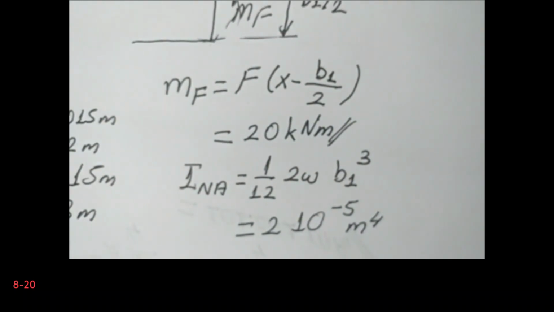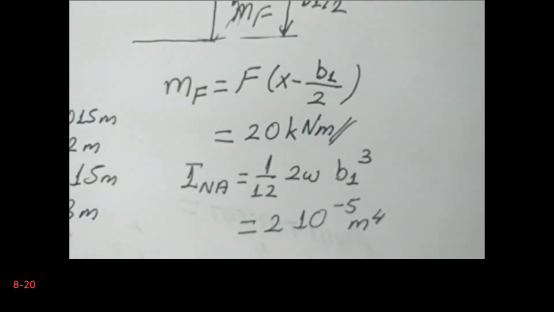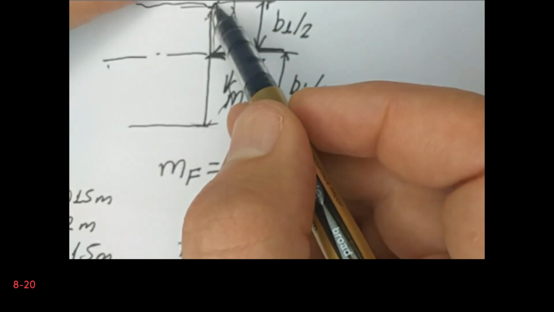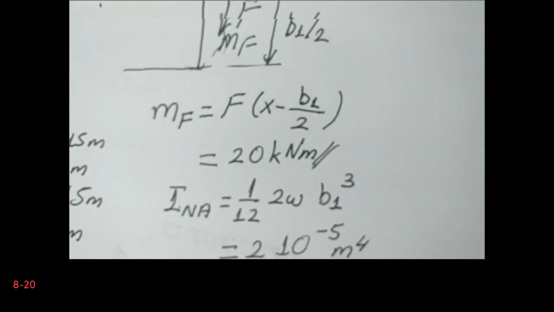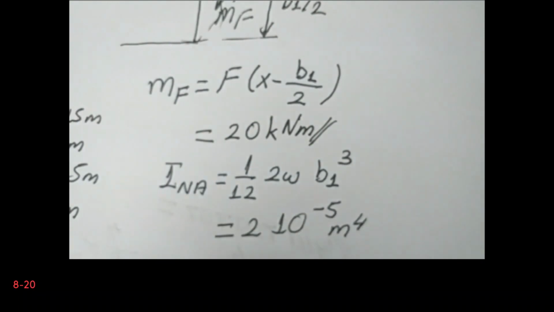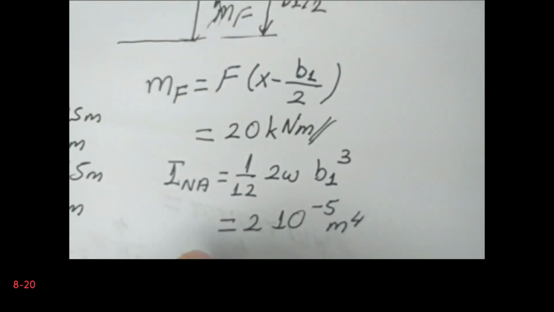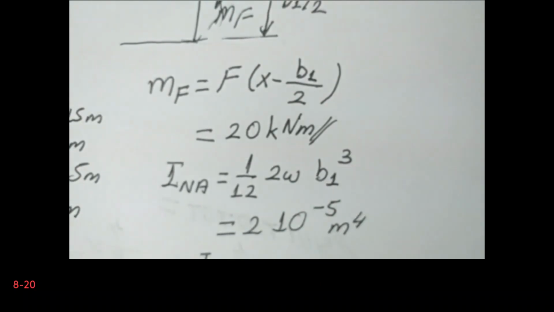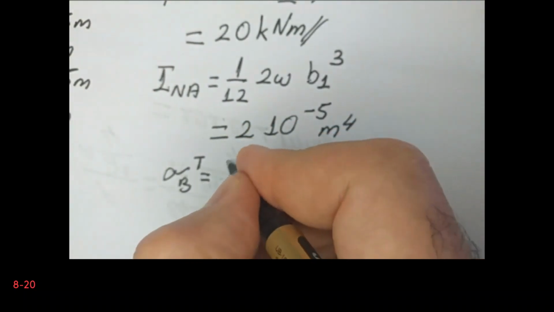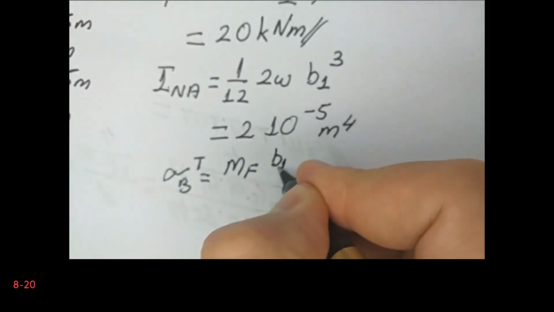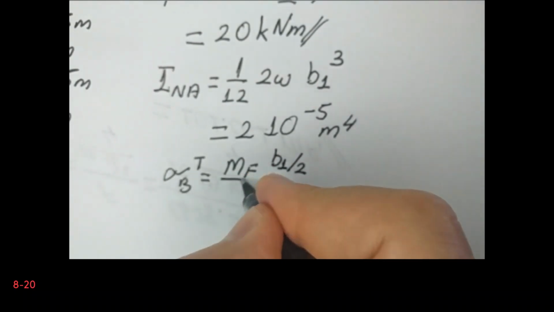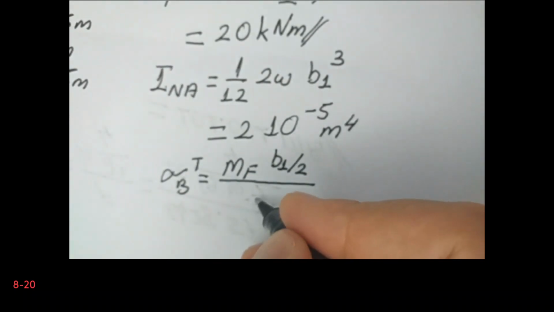Now let's calculate the tensile stress, which is at the top, because this moment will generate a tensile stress here. So sigma tensile due to the bending is equal to Mf multiplied by b1 divided by 2, the distance to the neutral axis, divided by the moment of inertia.